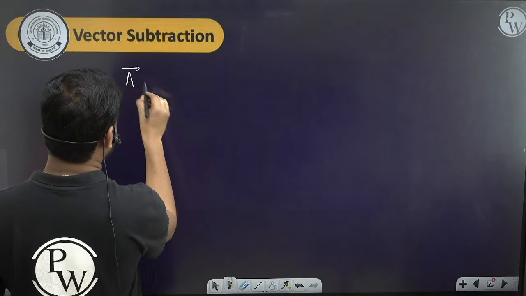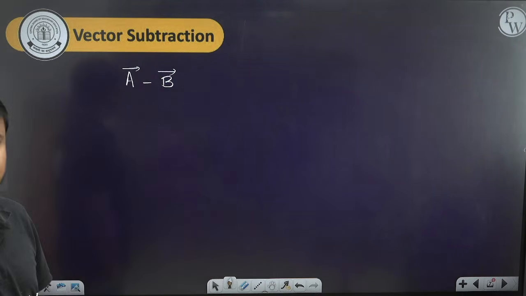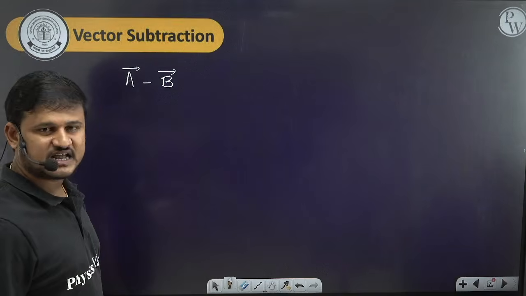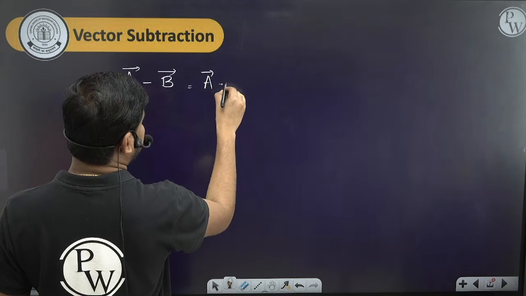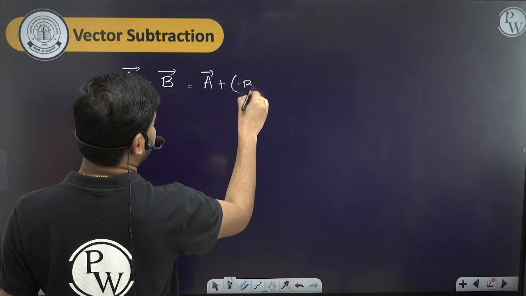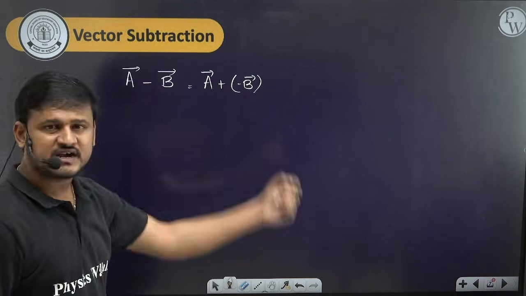So two vectors A and B. We have to find the resultant of vector A minus vector B. Now shall I write this as vector A plus minus B vector?